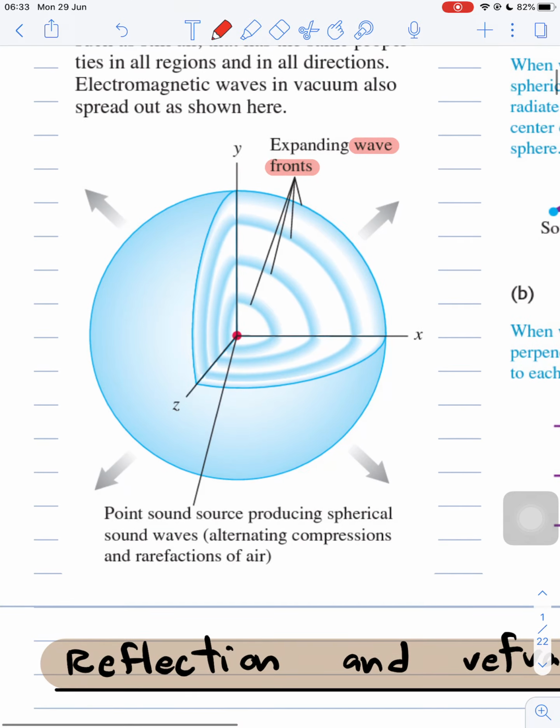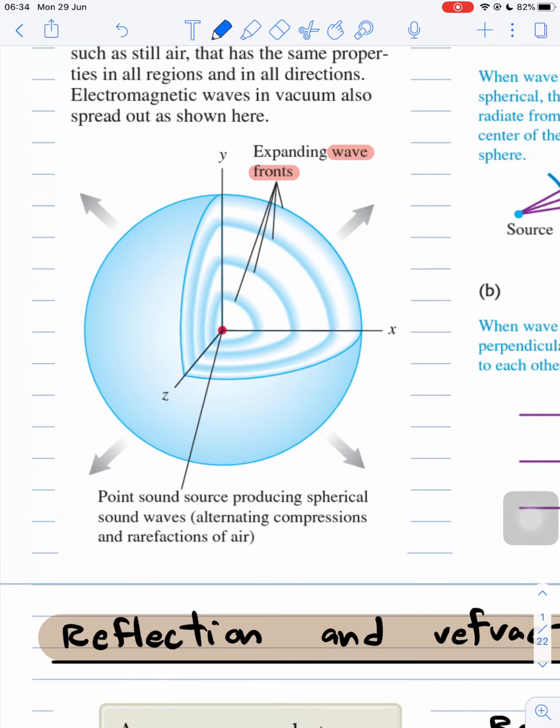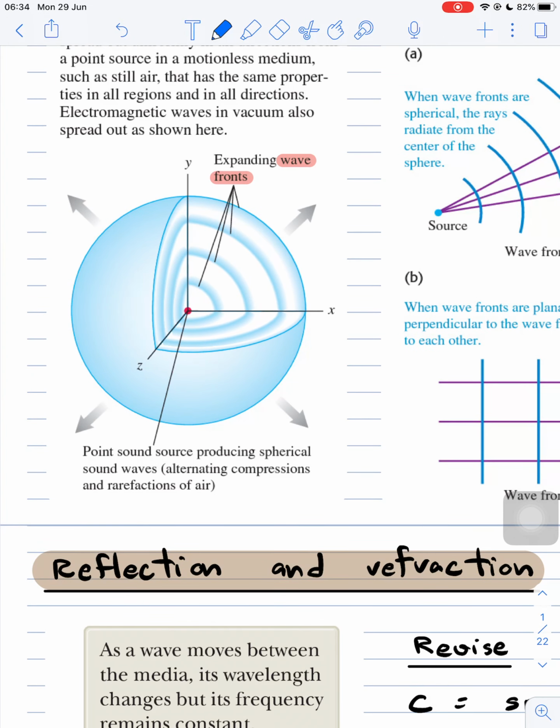So what is the wavefront? The wavefront here is just going to be the crest of the wave. It shows the position of the crest of the wave.